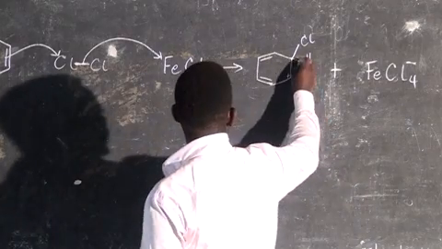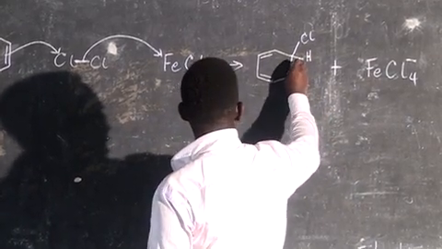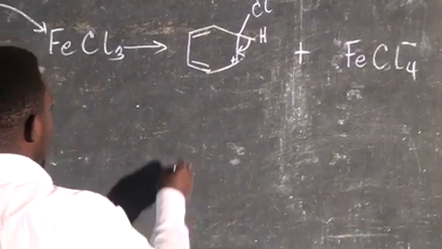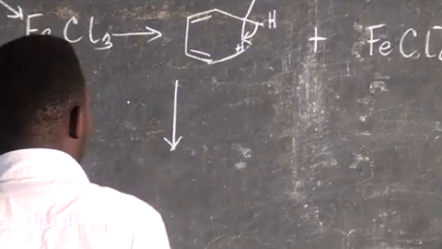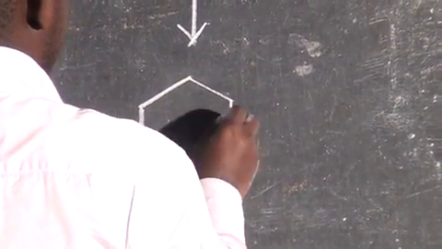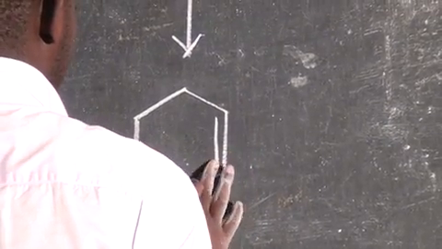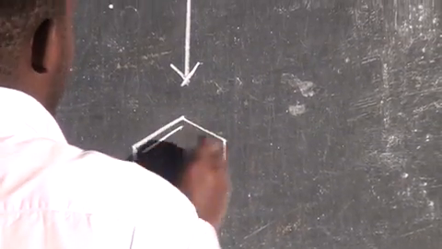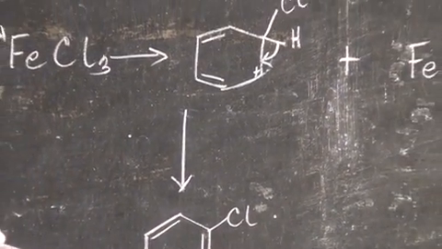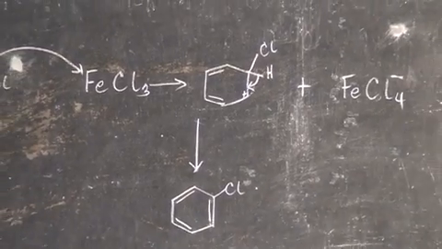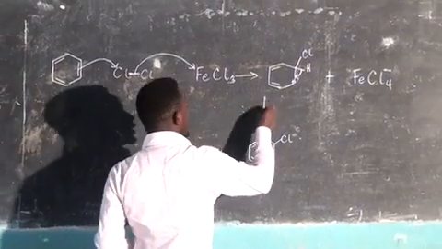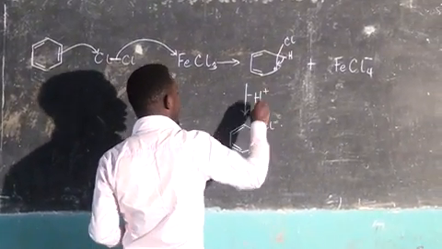So what will happen is this hydrogen will break off, trying to come back there. This one comes back, this one comes back, like that. In fact, in this case, we might end up releasing a hydrogen chloride molecule. Why?